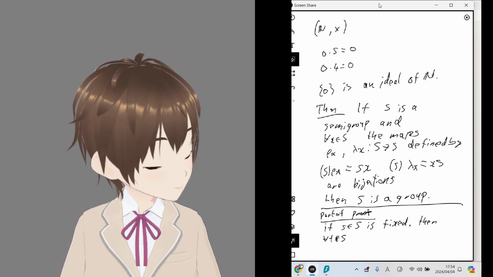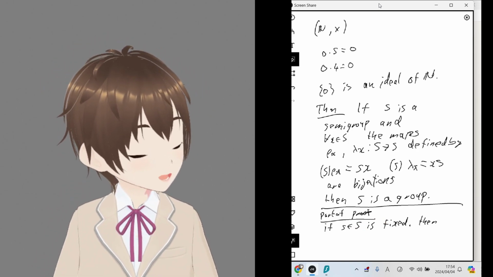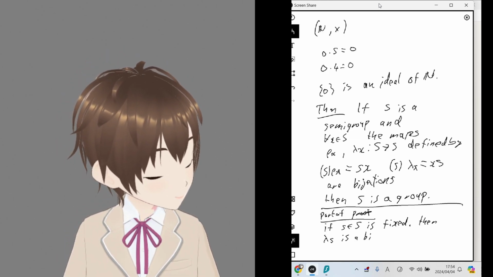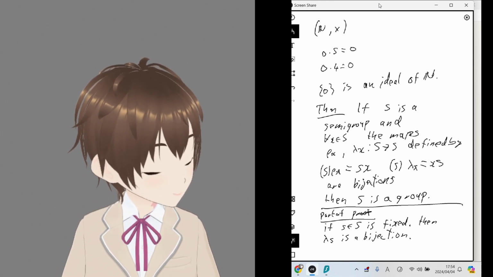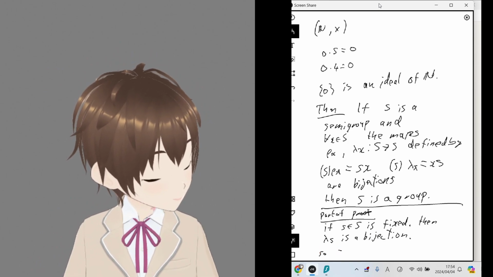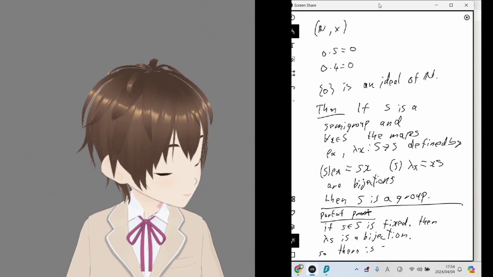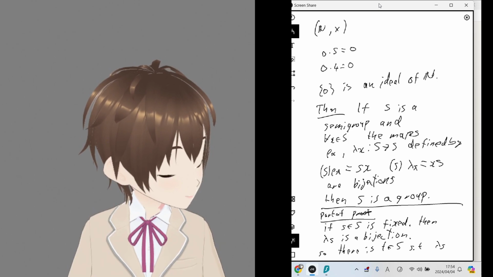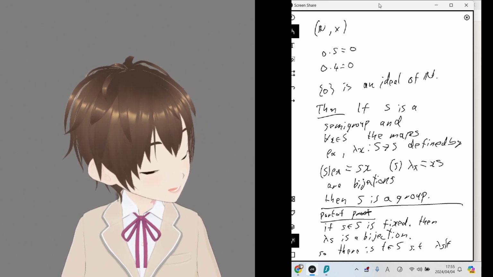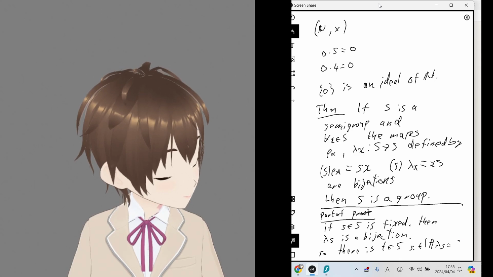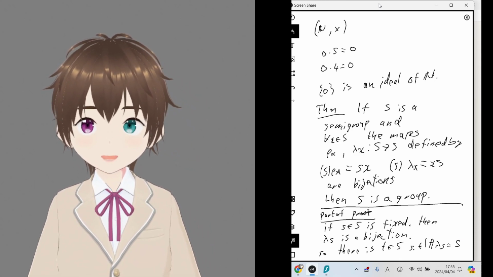So lambda_s is a bijection, and lambda_s has s in its image. So there is t in S such that lambda_s(t) equals s, and I'm going to claim that this t is going to be the identity.